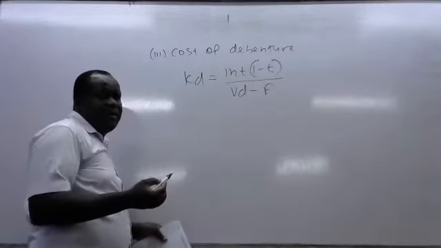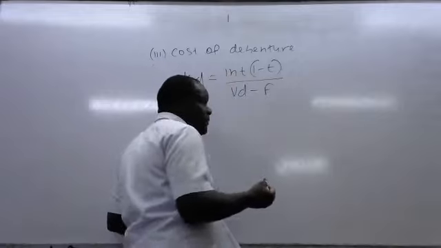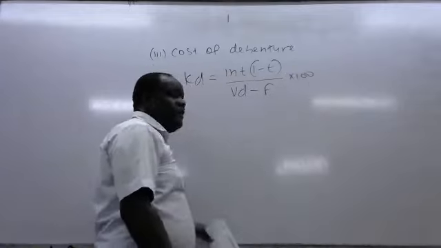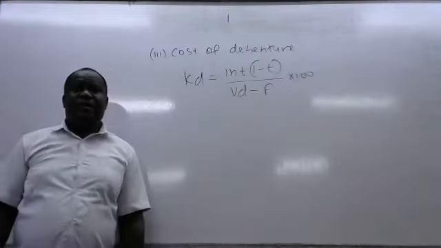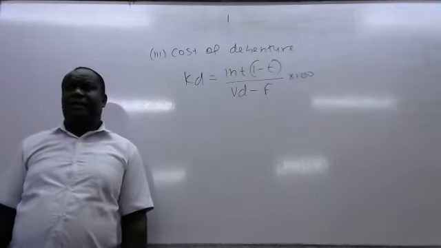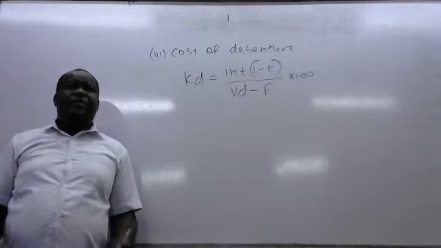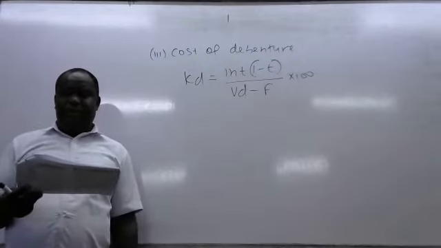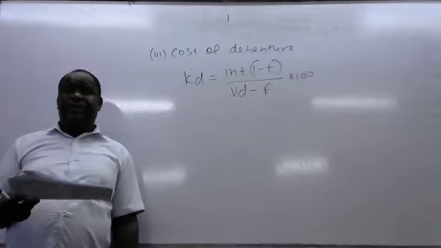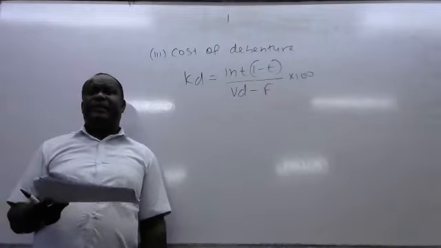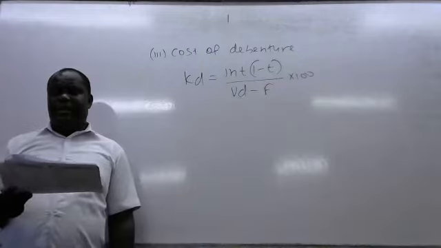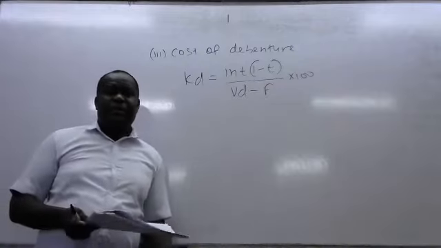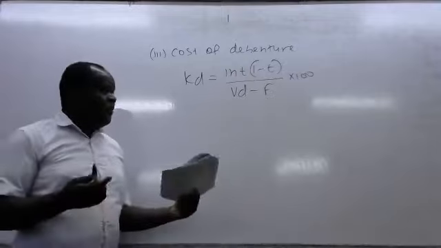We subtract the flotation cost. Then we express that value as a percentage. So interest is computed on the par value. You can see they said the coupon rate is 13%. Then the debenture will also be issued at what? At par.